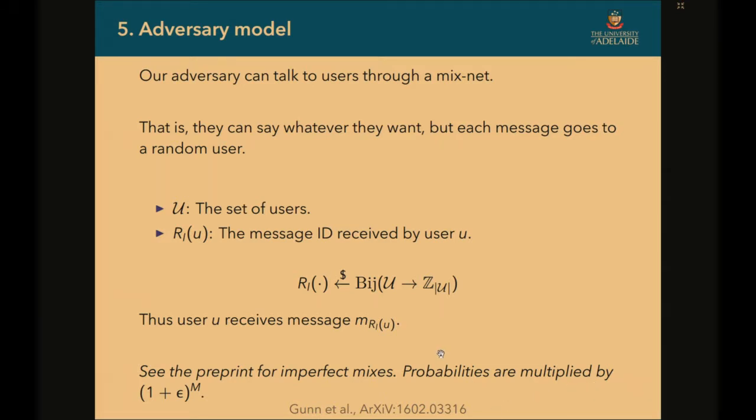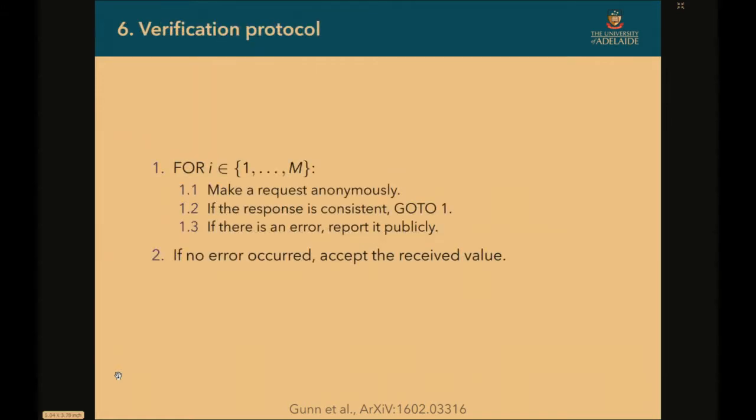And yeah, we can model this using bijections and random selection. And if you want to get more rigorous, then you can look at what happens when that anonymity system is imperfect and everything sort of gets multiplied by a constantish factor. But for the moment, I'll just talk about, let's say we've got a perfect mixnet.